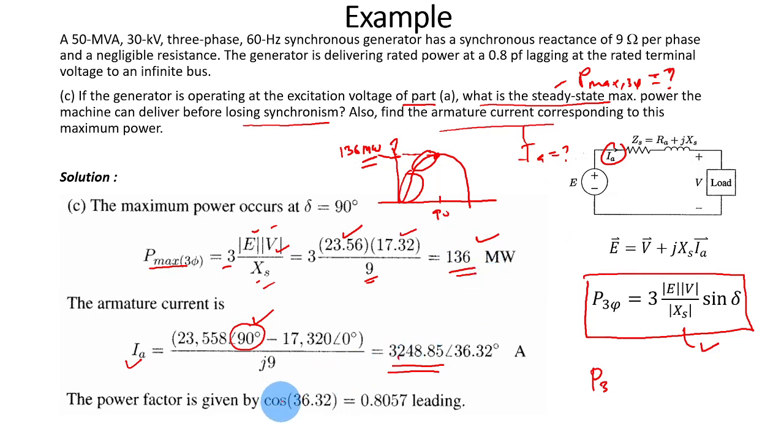The power factor given is basically the maximum that the generator can operate at, 0.8 power factor leading. It cannot go beyond that leading power factor.